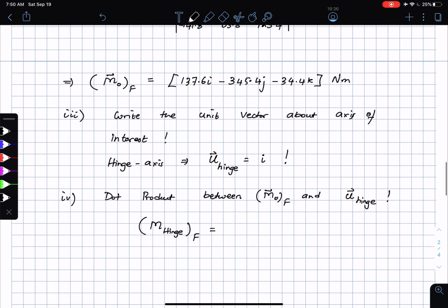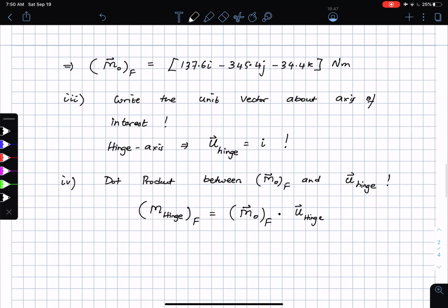This is going to be the dot product of this moment, 137.6i minus 345.4j minus 34.4k, dotted with i, which is the hinge axis.